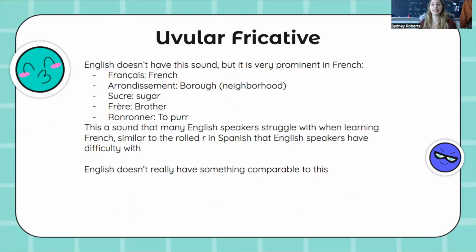So this is a sound that many English speakers struggle with when learning French, sort of like the rolled R in Spanish that English speakers have a lot of difficulty with, because we really don't have these types of sounds in our language. It's a little bit more straightforward, at least from our perspective, of course, because it's our native tongue. But we also see people who are native speakers of French struggle to eliminate that sound from their language.